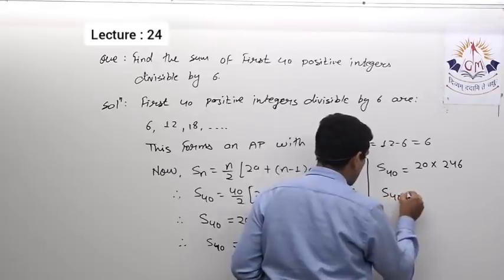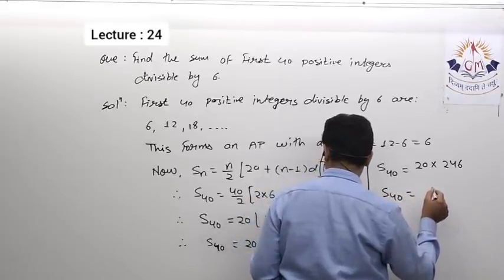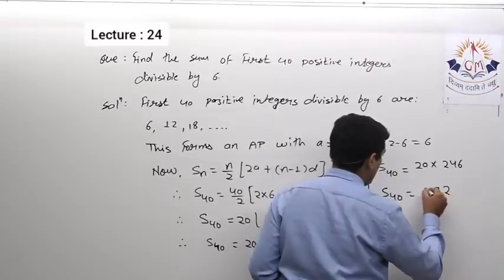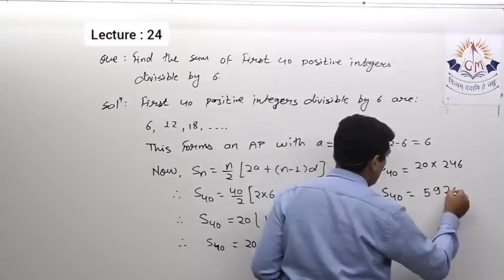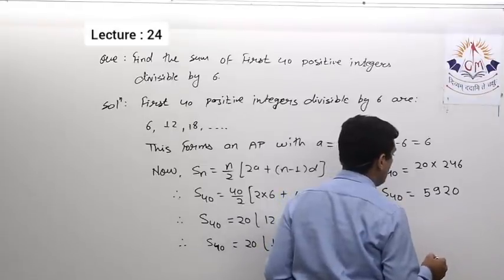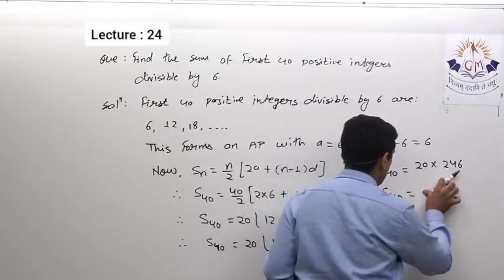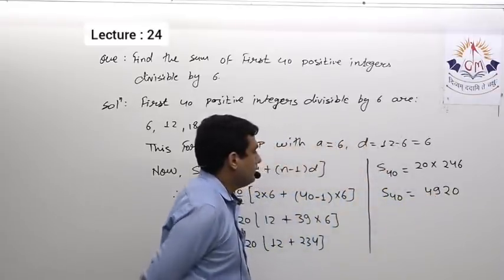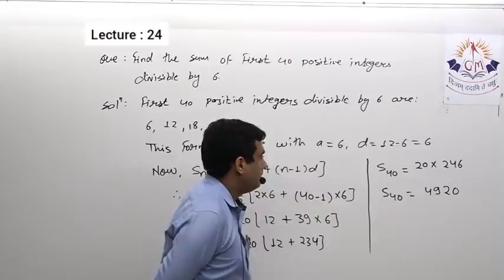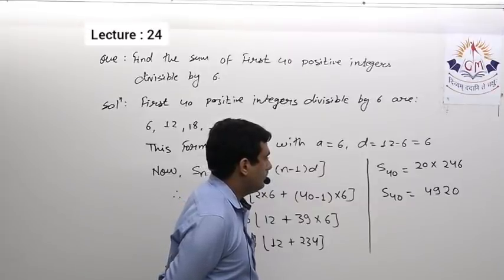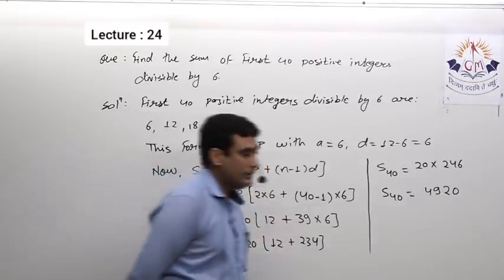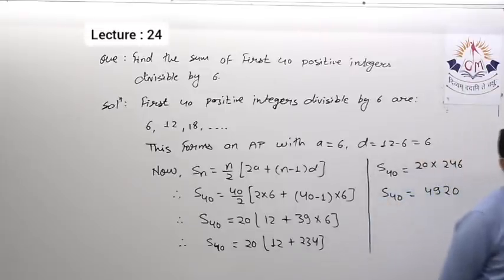So S40 is equal to 4920. Please note it down, then we'll see the next question.